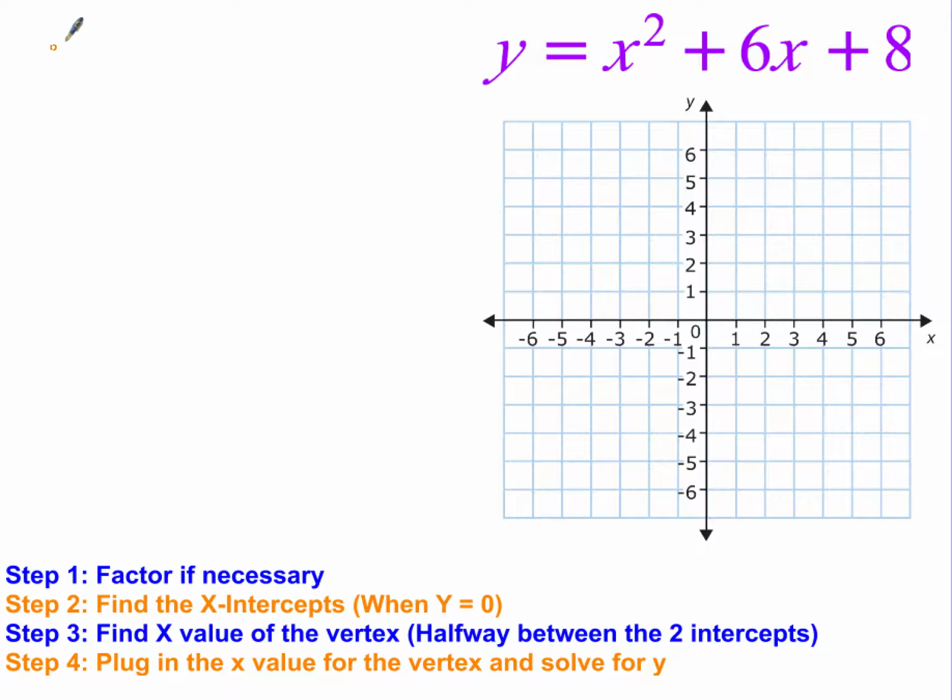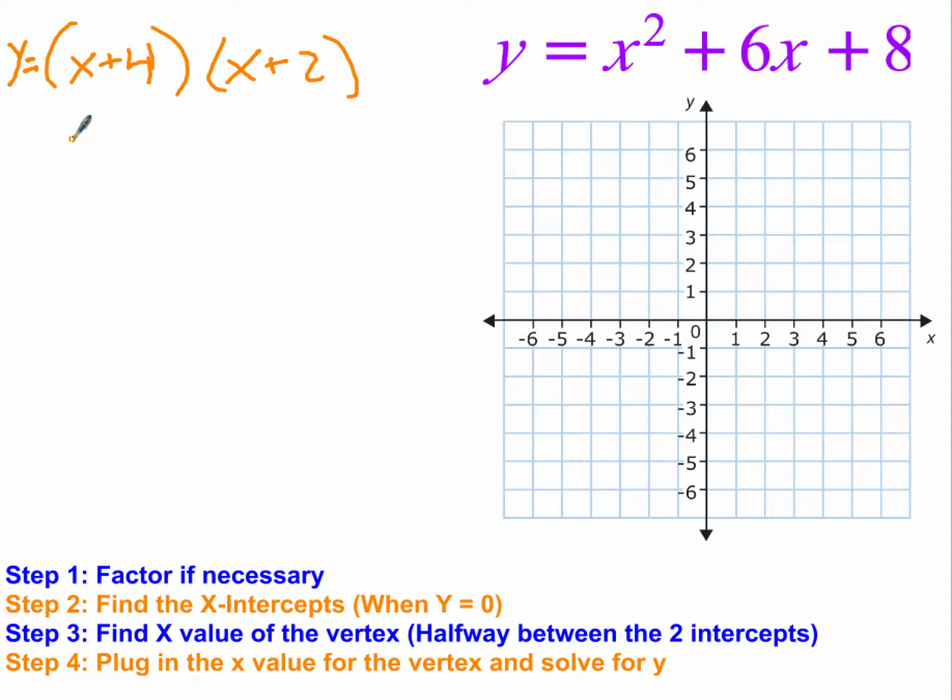This one's pretty easy to factor. If you don't know how to factor, again, go watch that video. You're expected to know how to do that. When you factor it out, you will get y equals (x plus 4)(x plus 2), because 2 times 4 is 8, and 2 plus 4 is 6.